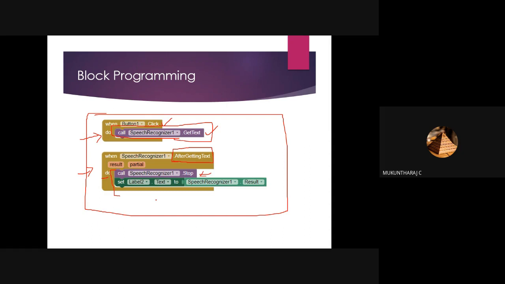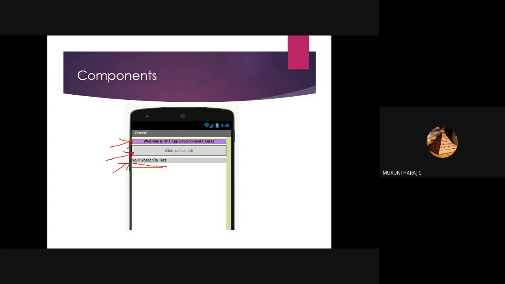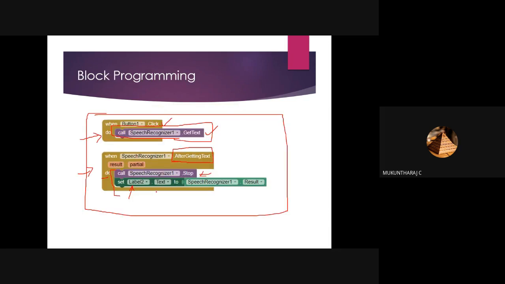So I have called speech recognizer to stop first, and then what I'm doing here is set label 2. You people can remember the purpose of label 2 in the previous screen, correct? Label 2 is going to show me your speech to text initially, right? So I'm going to replace label 2 text by speech recognizer result.